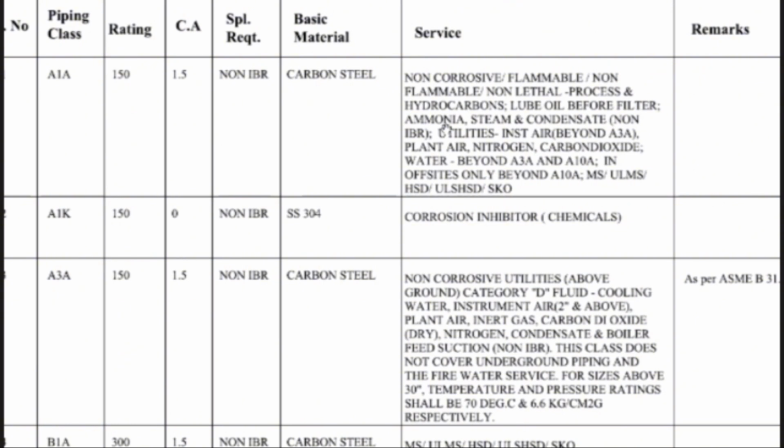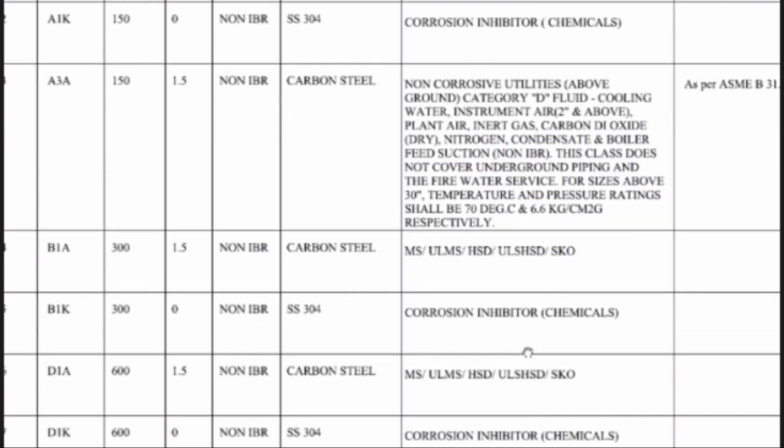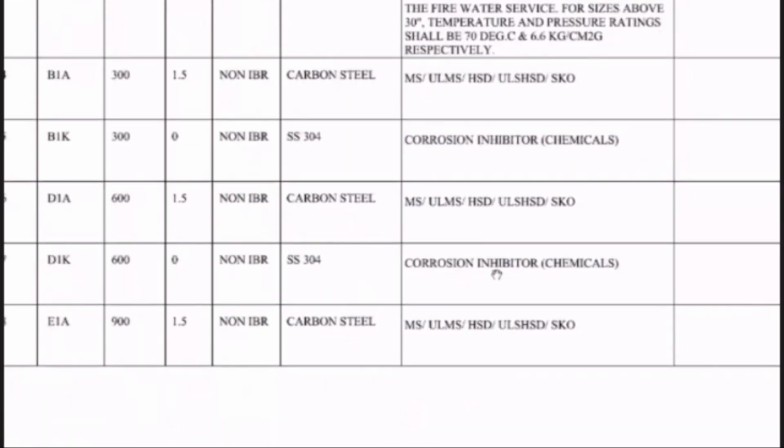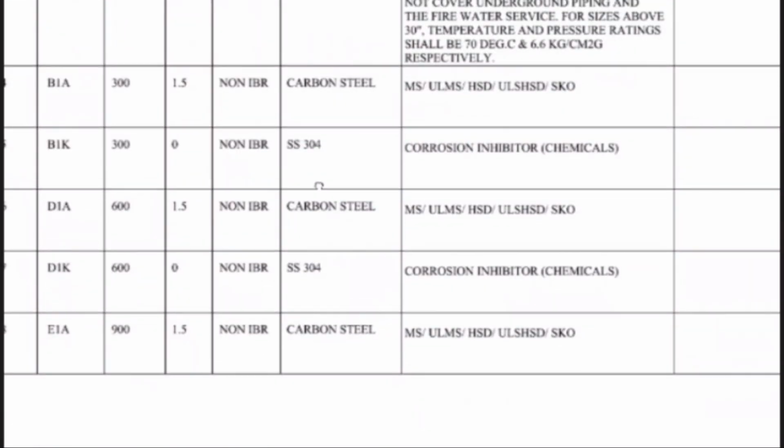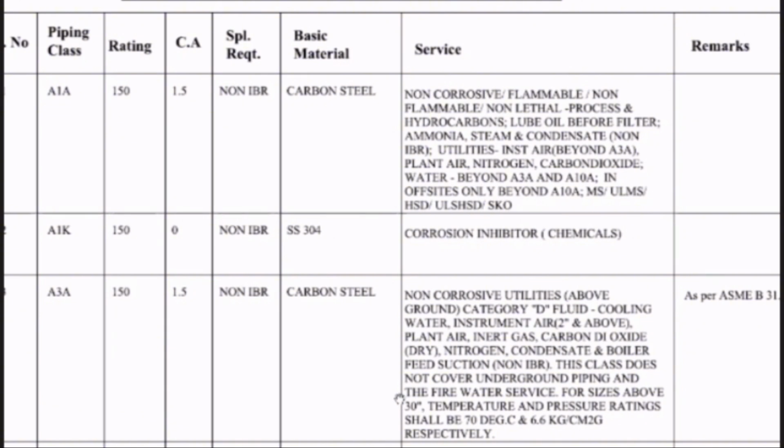So for that carbon steel is used. But here the corrosion inhibitors, these are the corrosive fluids. For that they have used the stainless steel material. Everybody knows that stainless steel material has higher corrosion resistance properties than carbon steel.